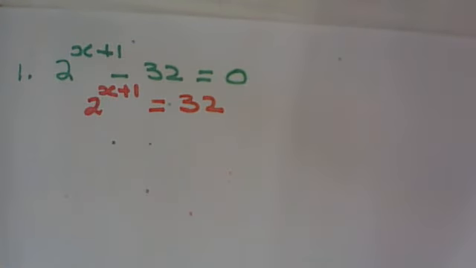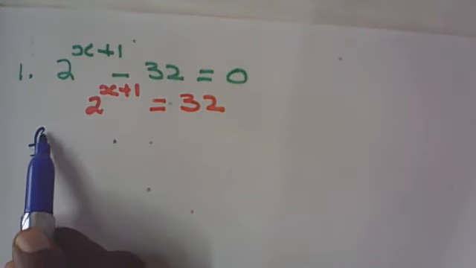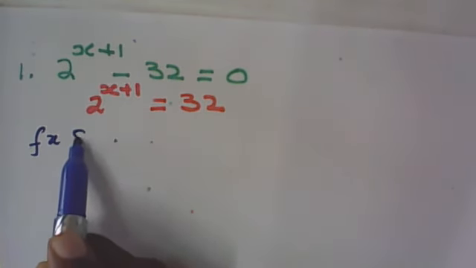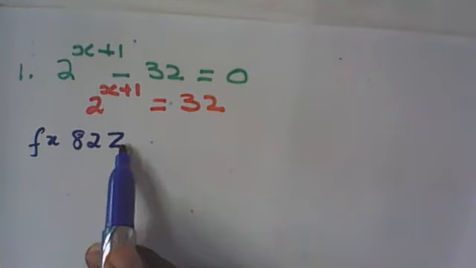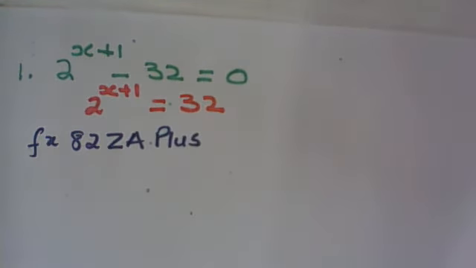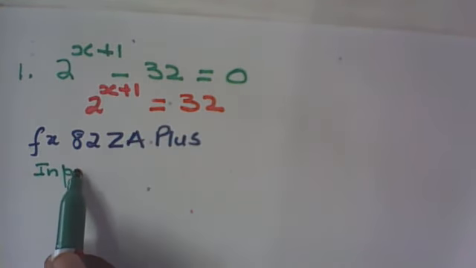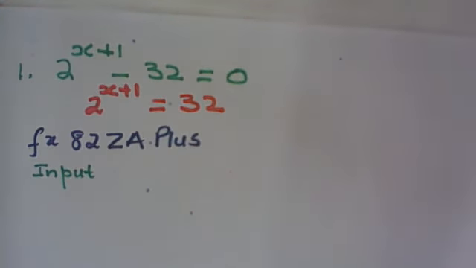Scientific calculator, you need the fx-82ZA Plus. These are the functions; this is the input. Your input will be like this. And this also works when you want to prime factorize any number.